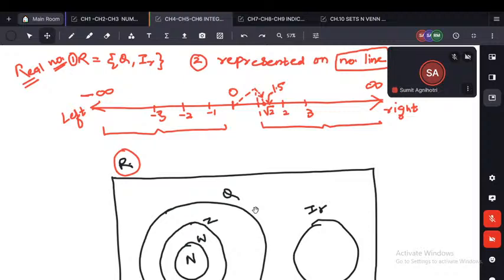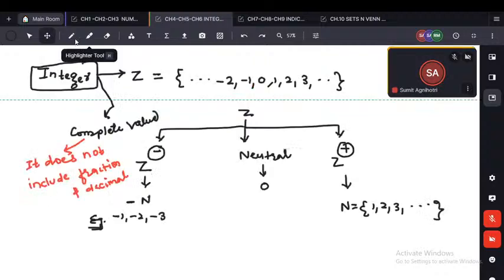Today we are especially working on integer, fraction and decimal. Let's come to the integer again, and under integer we include these three types of complete values. I have already mentioned here that we do not include fractions as well as decimals in integers.